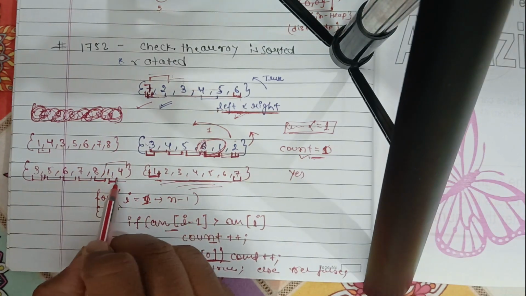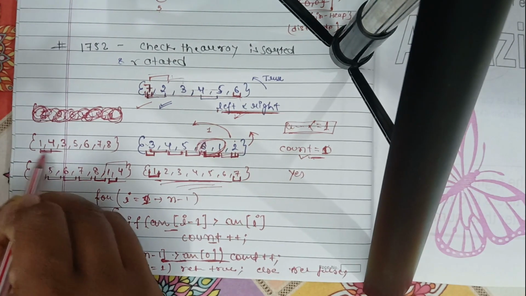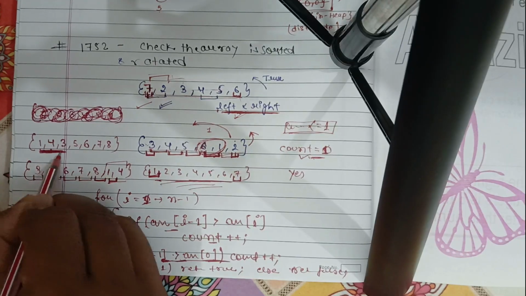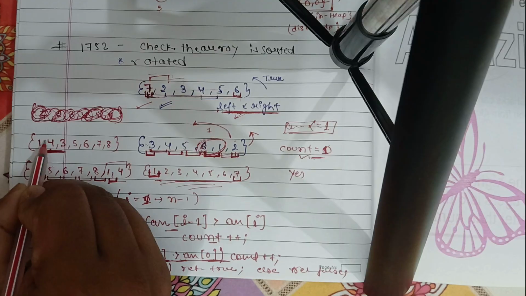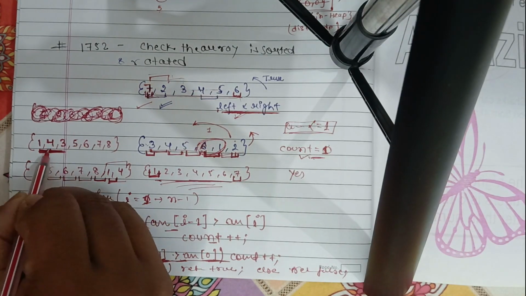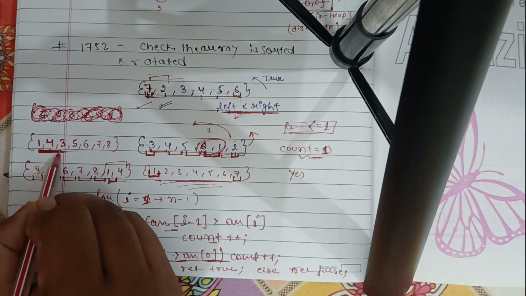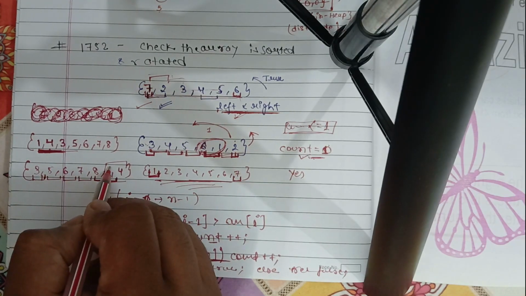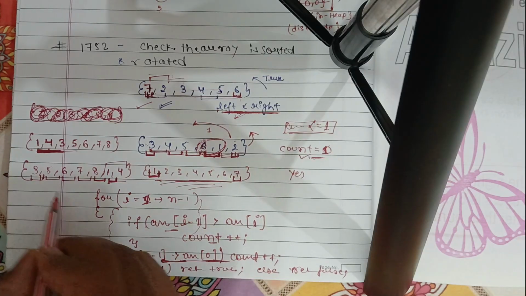So we are not able to detect this type of rotation in which the array is unsorted, because as you can see here, first it increases 1 to 4, then decreases. So it is unsorted and rotated, and this condition fails.